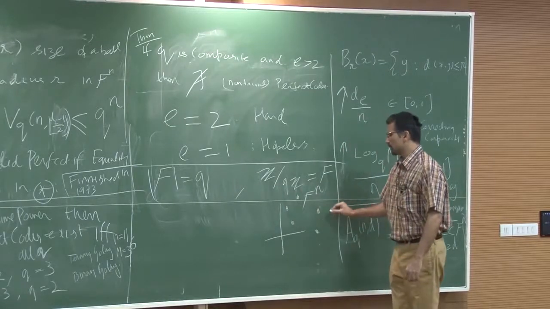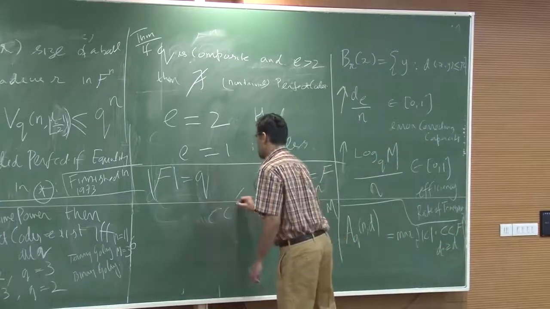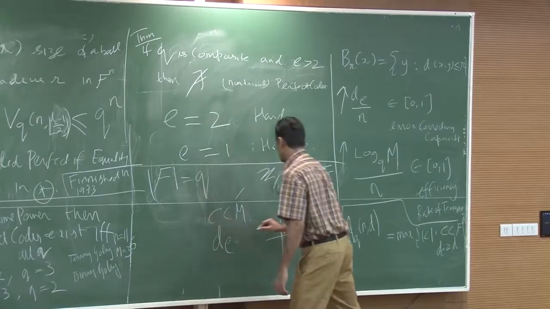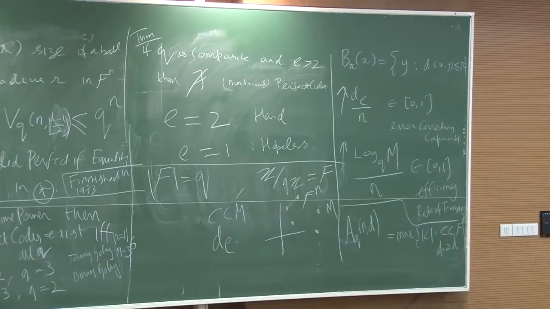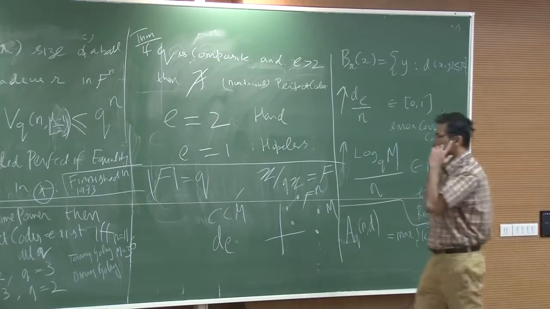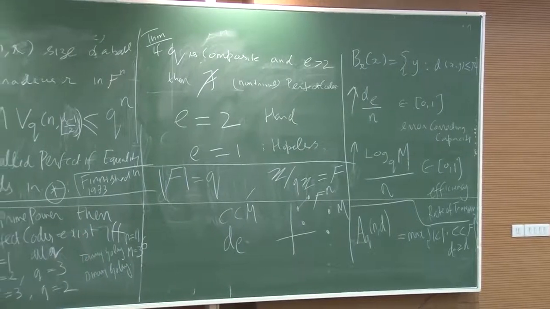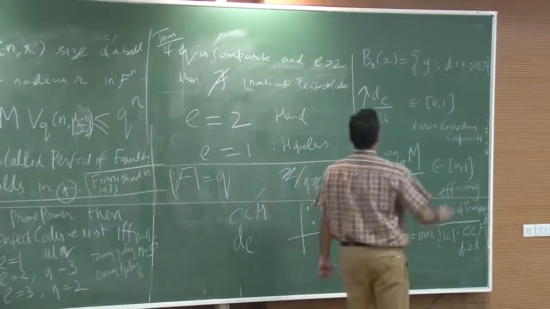Again, you have a subset of size m, C, and you have this d_C, the minimum of these pairwise lengths. And what I do is, in a metric space, given a set, you can talk about the diameter of that set.